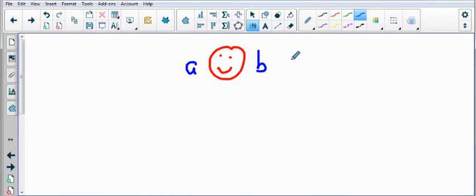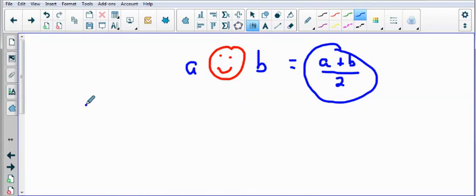What I want you to do is take A, add it to B, and divide the whole thing by 2. I would need to know what A and B are to know what I need to do with those 2 numbers.